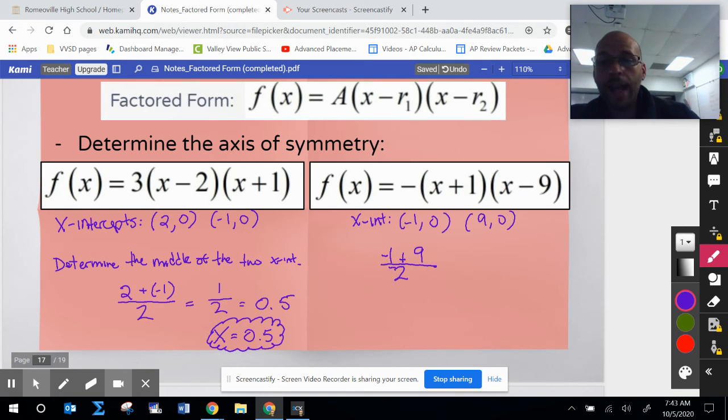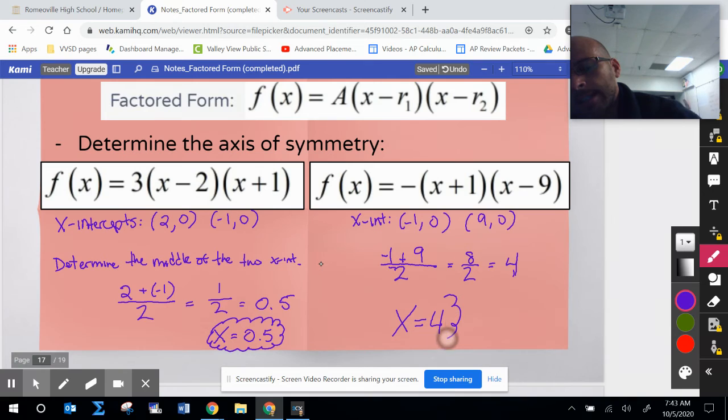Again, we're finding the average. Okay, so -1 plus 9 is 8 divided by 2. And if you take 8 and divide it by 2, you get 4. So my axis of symmetry is x equals 4.